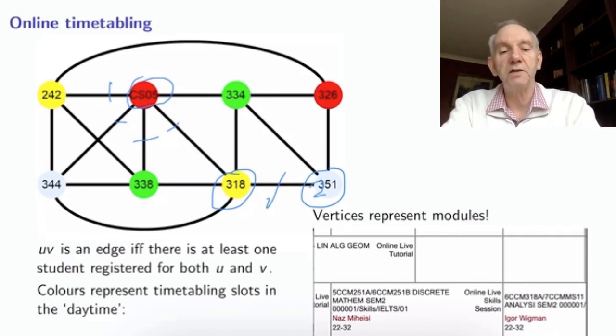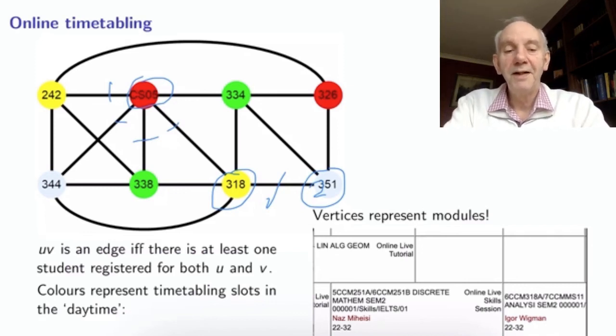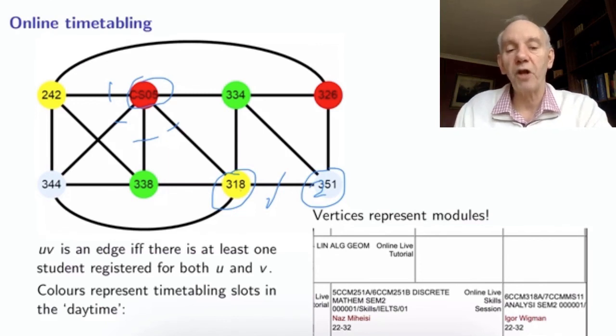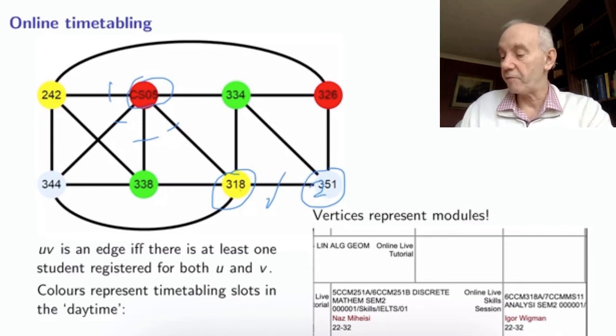Of course, this is a fake graph. I haven't actually done this research on modules, but anyway, that's the idea. You put an edge between two vertices if one or more students want to do both modules. That means you've got to timetable them, in this case Fourier analysis and discrete maths, so they don't have the same slot. They have to have different lecture slots. And in fact, here we have the timetable.